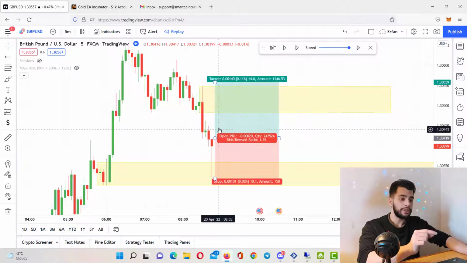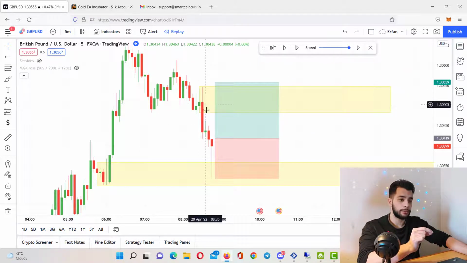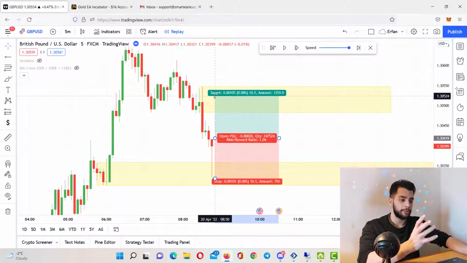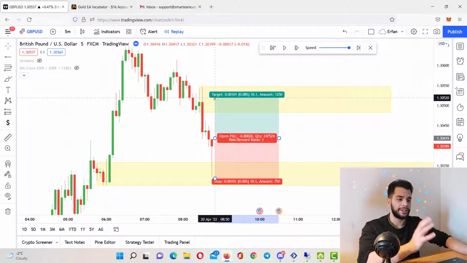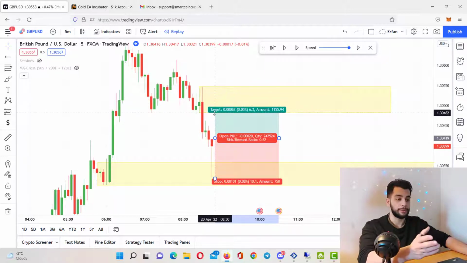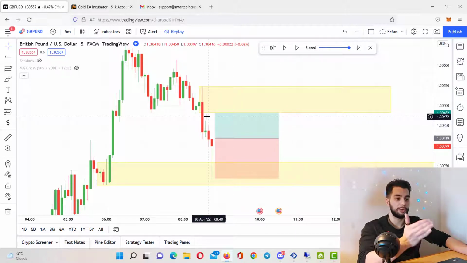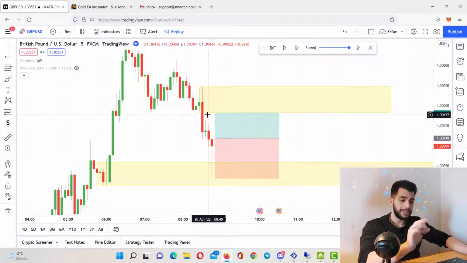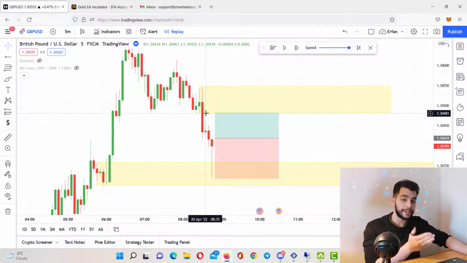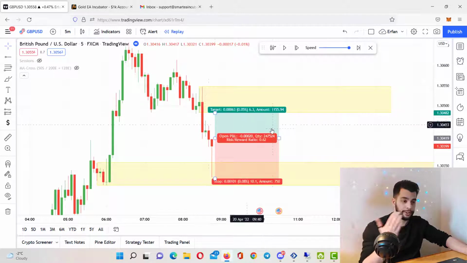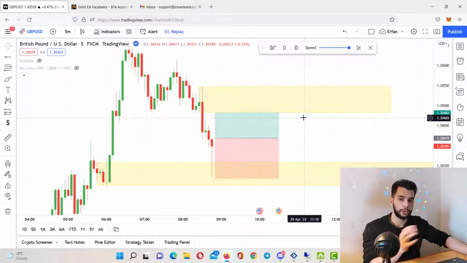In this case, since we have this high probability order block as well, the realistic scenario is that you put your TP right here. But if I put my TP here, it's not even a 1-to-1 risk reward ratio trade. So in this case you need to close it manually if you have a high probability order block near your entry, because you don't want to have a 0.4 risk reward ratio.